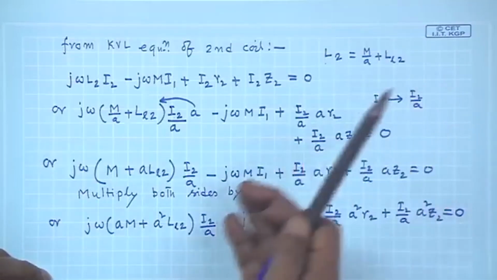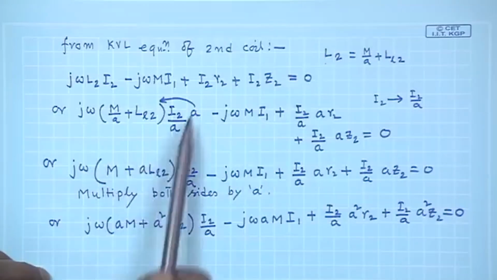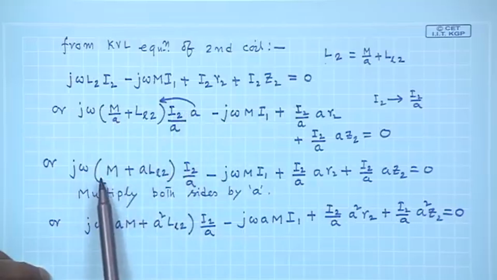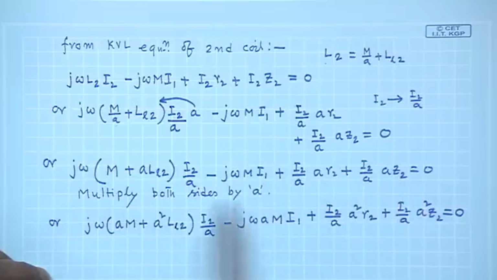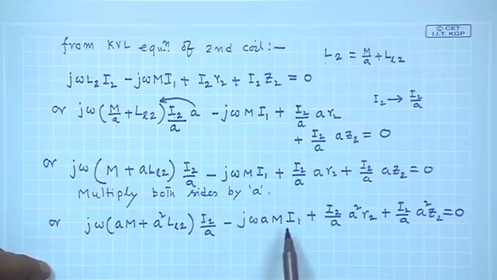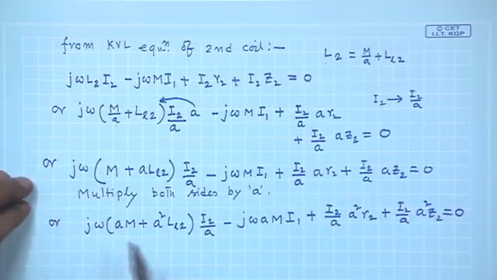And then in the next step, this a you have put inside, so a cancels. So, M plus this, then you multiply both sides by small a. So, for j omega, this small a you put inside. So, a M plus a square LL2 etcetera, minus j omega M I1, plus I2 by a square R2 plus I2 by a square Z2. So, this is the second equation.